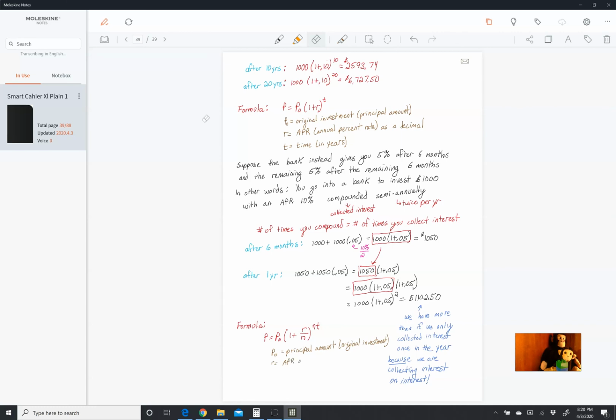Typical mistake is that people don't plug it in as a decimal. You're going to know that it's a mistake because your final number would be huge. If you plugged in 5 instead of 0.05, this number would probably be in the 100,000s, which wouldn't make any sense at all. Okay, and your N is the number of times you compound per year. Which means R over N is the amount of interest you get each time you compound.